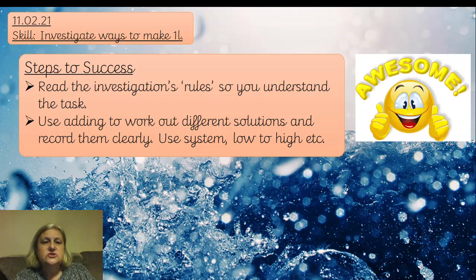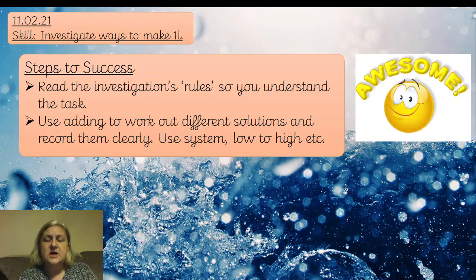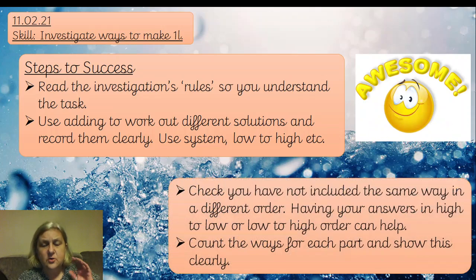So you're going to use your adding and your knowledge of place value and your number bonds to 100 or to 1,000 to help you add up. Record them clearly. Use that system, with that high to low, using the high numbers first, so that you get all those options and all those ways. Check you've not included the same way in a different order.